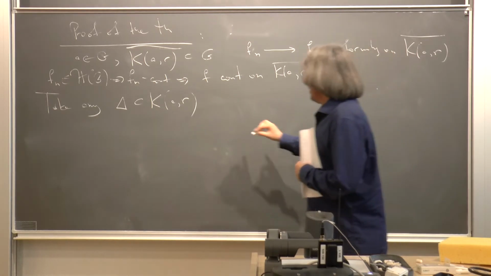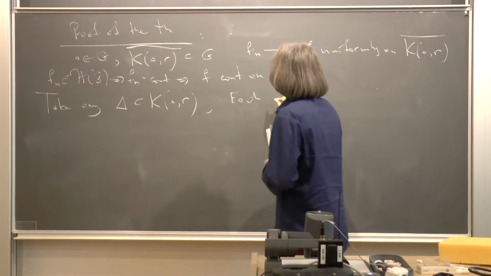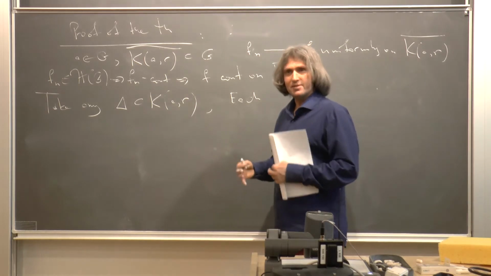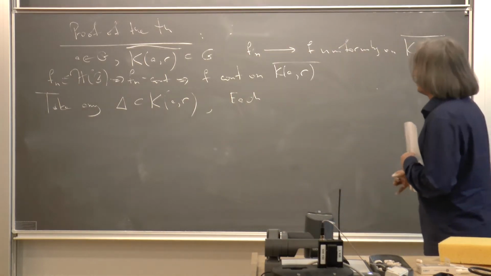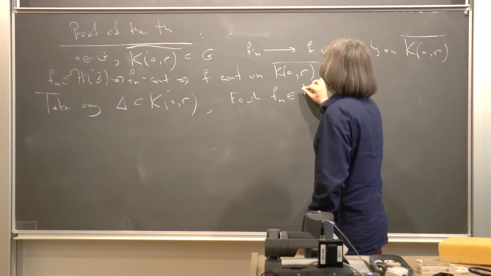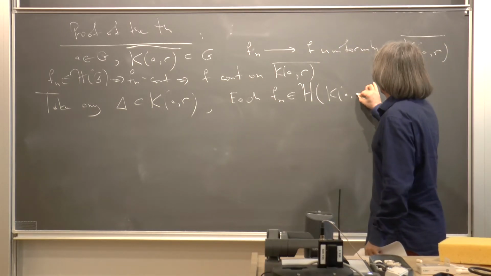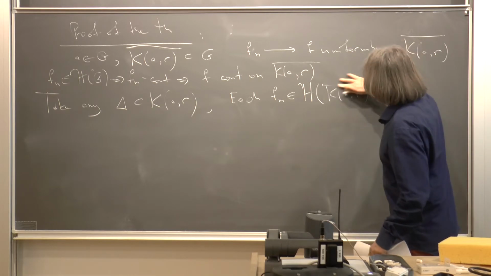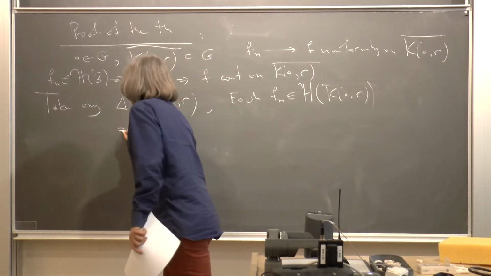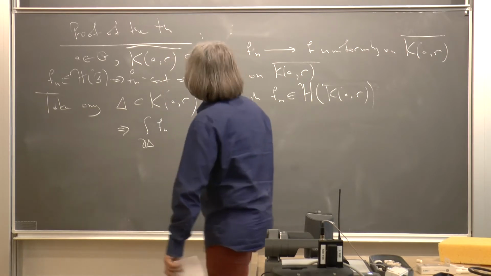Each Fn is holomorphic on this. Then the integral over the boundary is 0.